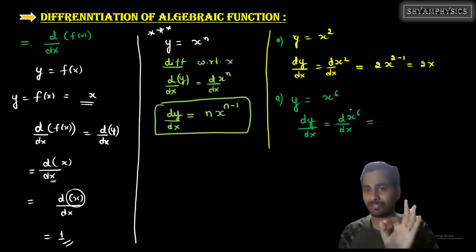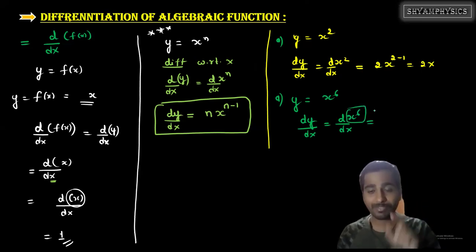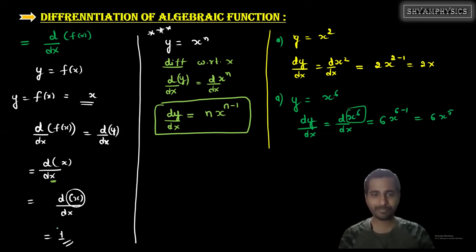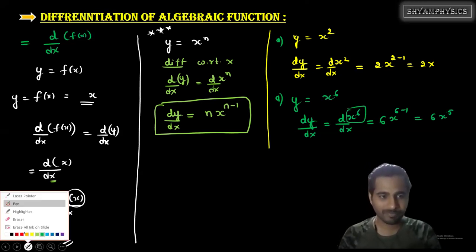Now we need to differentiate this x to the power 6. What we need to do first? Shift this 6 down first, and x to the power, whatever the value it has, subtract that one with 1. So 6 minus 1. So it will be 6x to the power of 5. Clear?